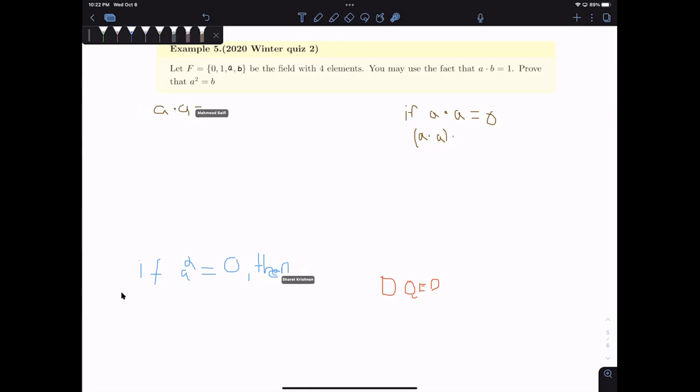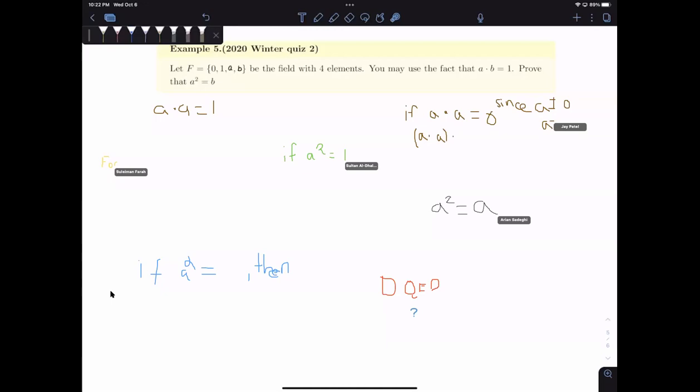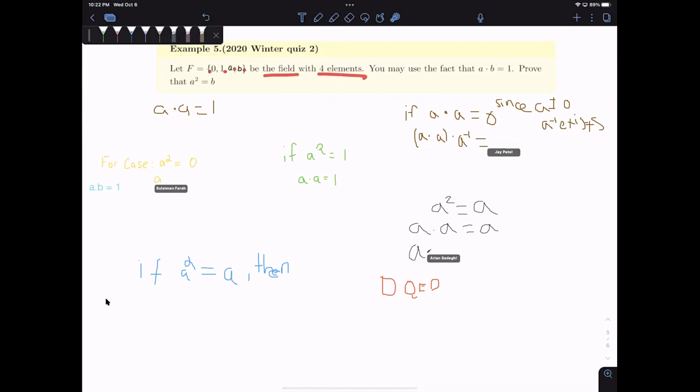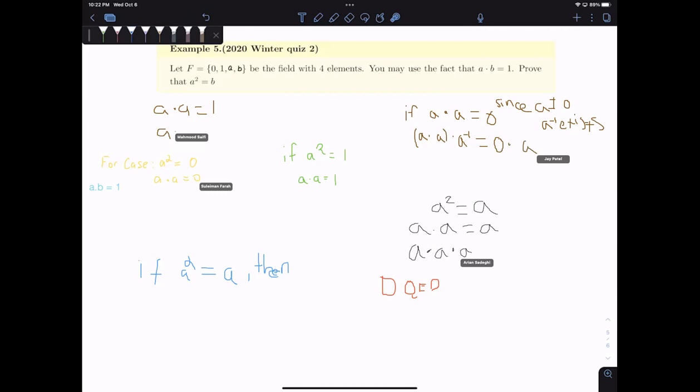You just need to make sure what you're adding or multiplying is indeed in the field, and that you're adding to the same side, like left multiplication or left addition, right addition. Yes, you can say that, because it's a field with 4 elements, 0, 1, A, B, so they should all be different.